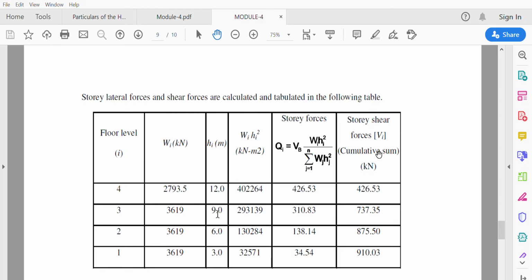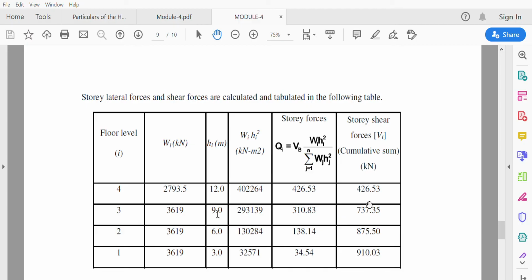So story lateral forces and shear forces are calculated and tabulated in the following table. We have to distribute the lateral force along the height of the building. So here the floor levels: fourth floor, that is terrace floor, third, second, first floor. The seismic weight in each floor is mentioned here. Then height of each floor, then Wi into hi square, then Qi, then story shear. The story shear can be calculated by adding the story forces of each floor.